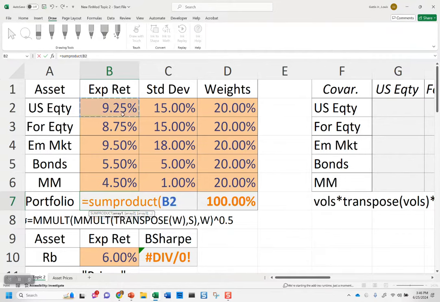I'll put in my means, comma, notice it actually gave the name means, and my weights, which is called W, and then hit enter. So the expected return of an equal weight portfolio is simply going to be the product of the weights and returns, and we can just use the sum product formula, and it's 7.5%.